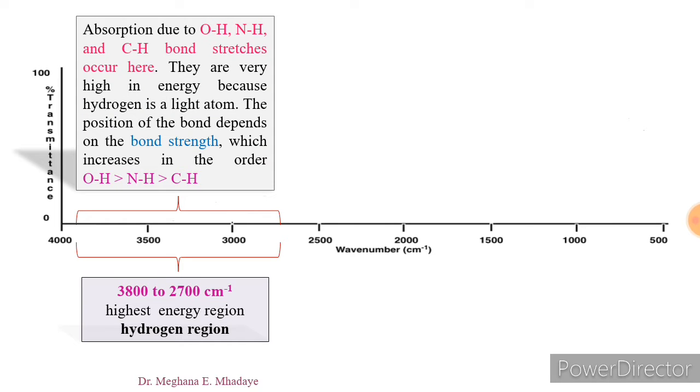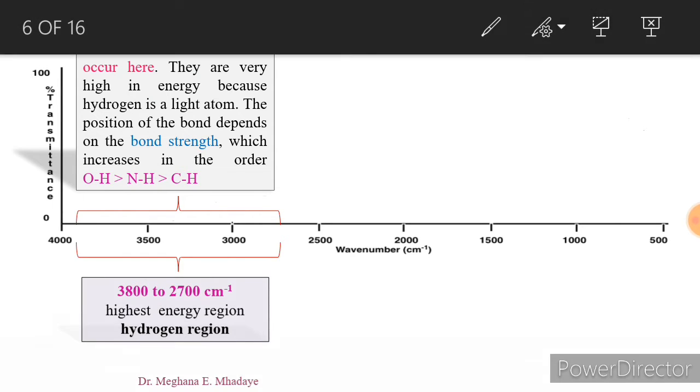It is generally seen that the absorption due to OH, NH and CH bond stretches occur here. They are very high in energy because hydrogen is a light atom. The position of the bond depends on the bond strength, which increases in the order of OH is greater than NH is greater than CH.